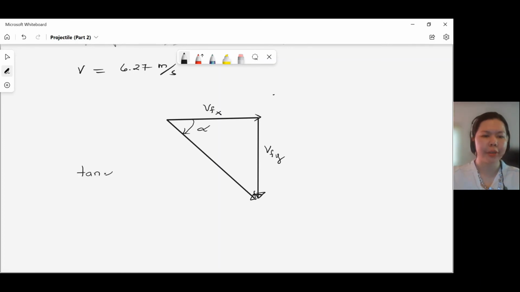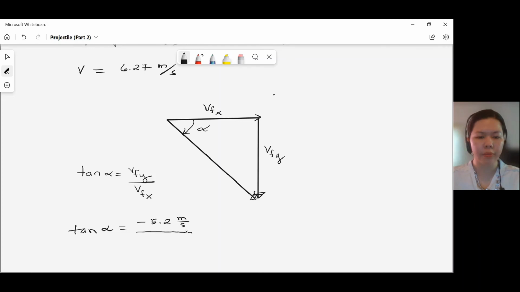Tangent alpha is equal to the opposite side of angle alpha, Vfy, over the adjacent side, Vfx. So we substitute: Vfy is negative 5.2 meters per second over Vfx is 3.5 meters per second.